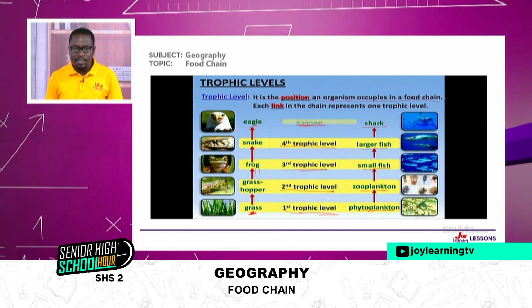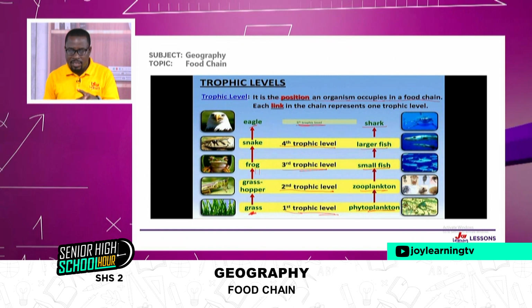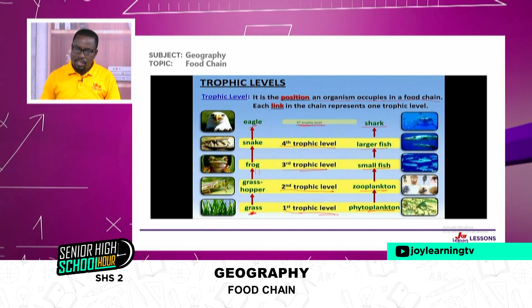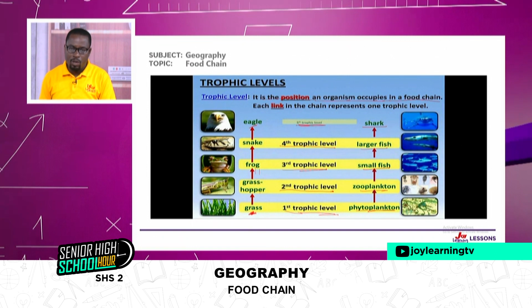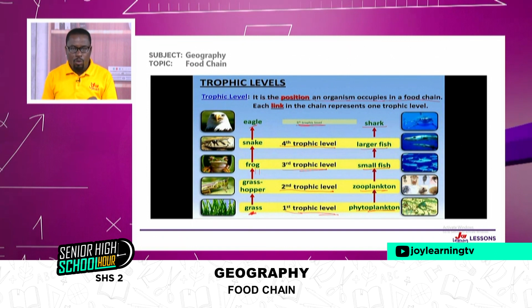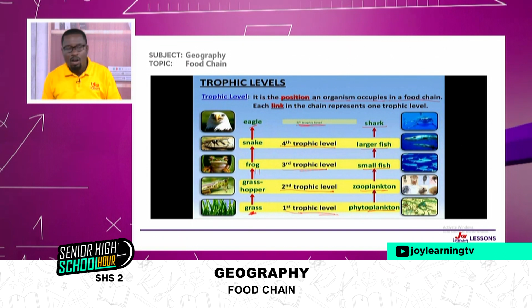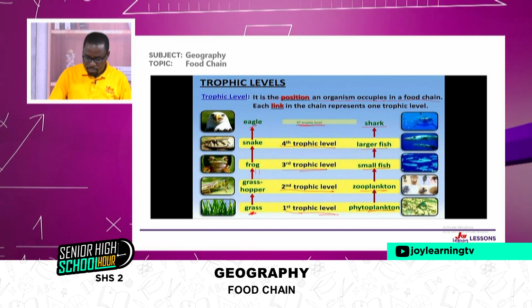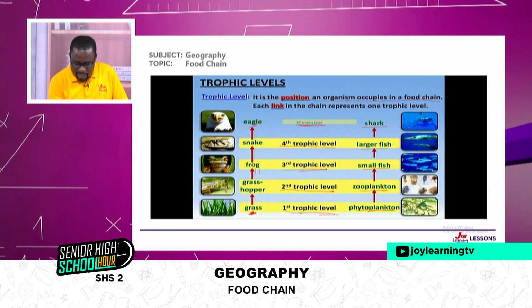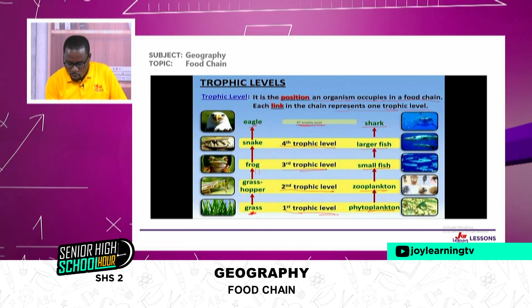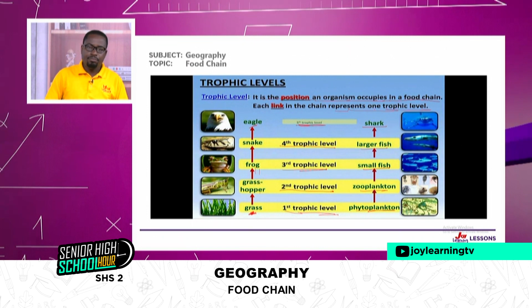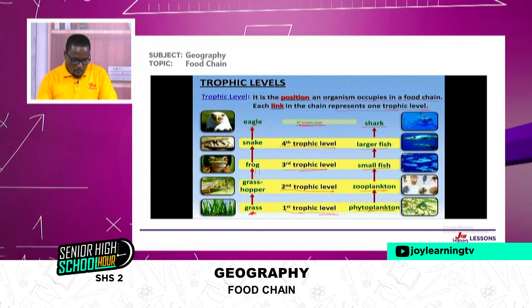So when you ask, what is the trophic level of snake, taking into consideration these are mere organisms in an ecosystem, you do your arrangement and you know that it is about the position of the snake in the food chain. And each link in the chain represents one trophic level. Is that okay?